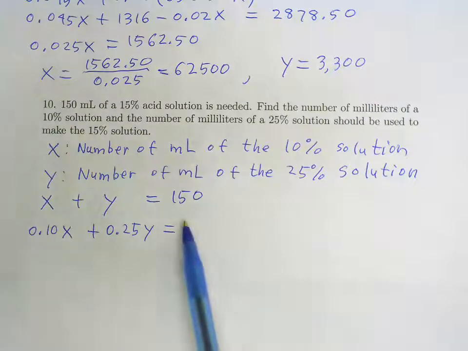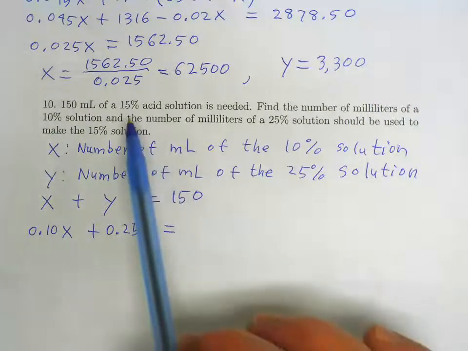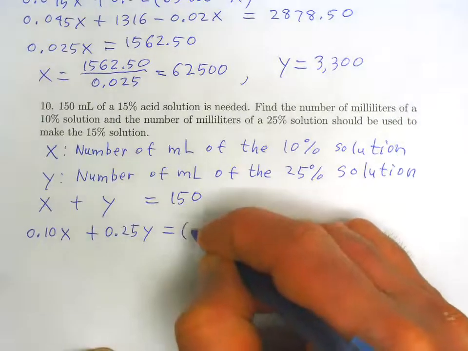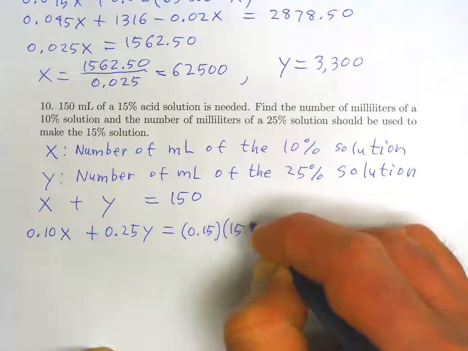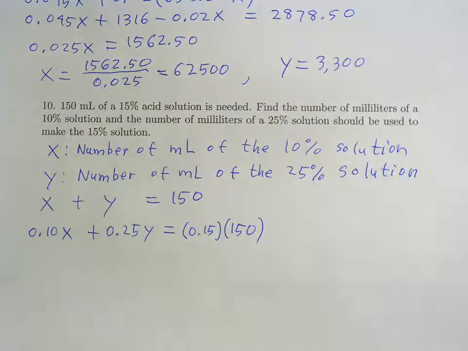Okay, and then the mixture of 150 milliliters has to be 15% acid. So we're going to multiply 0.15 times 150. Okay, so there is our system of two equations.